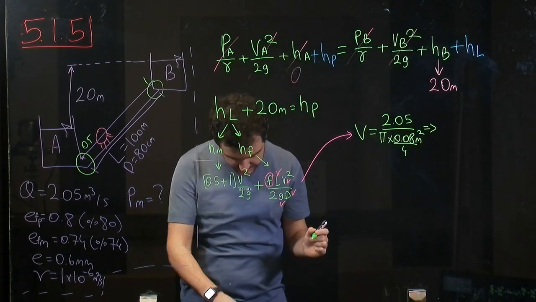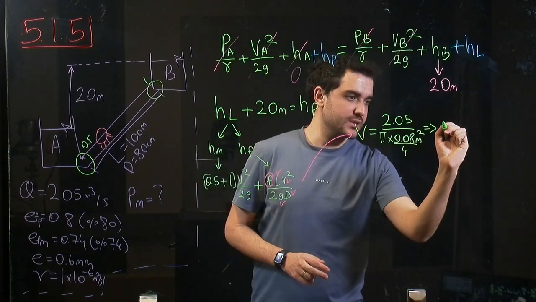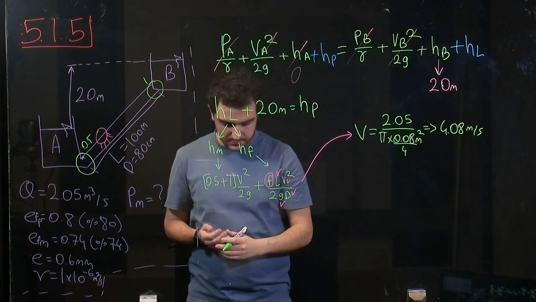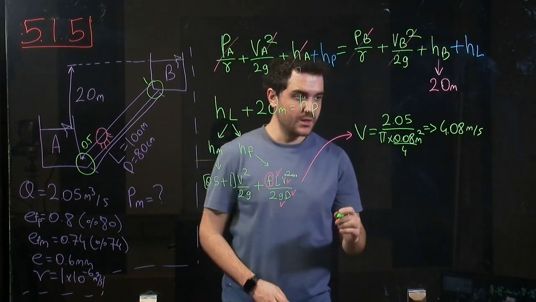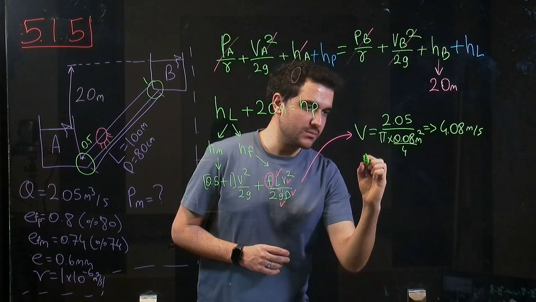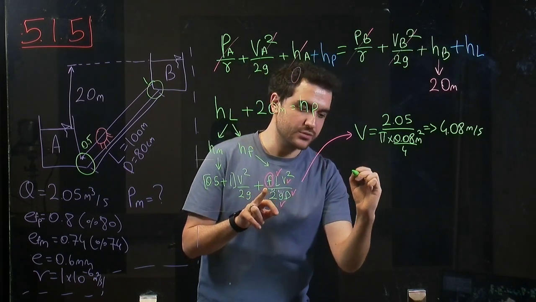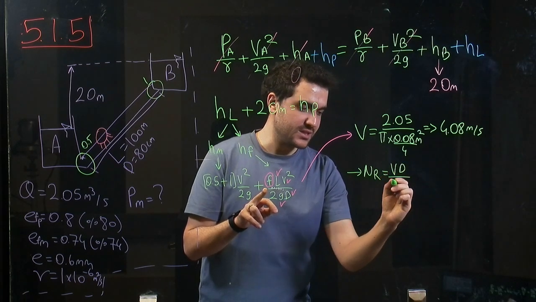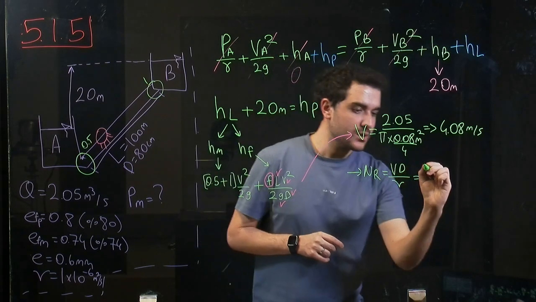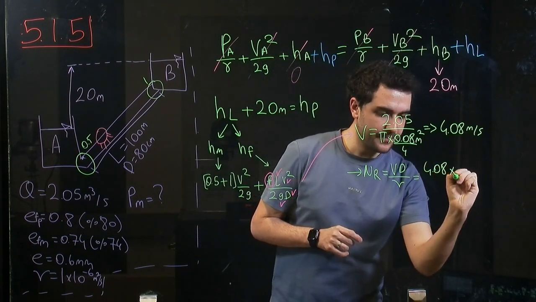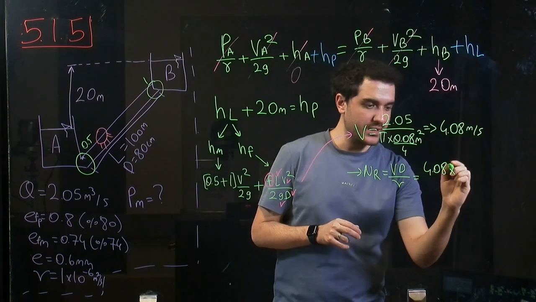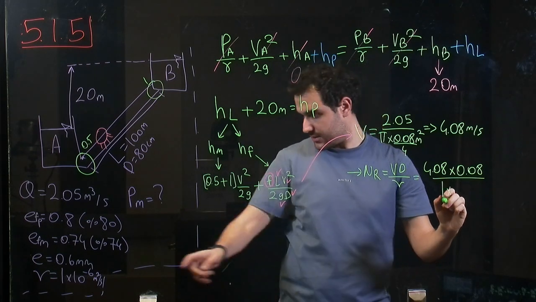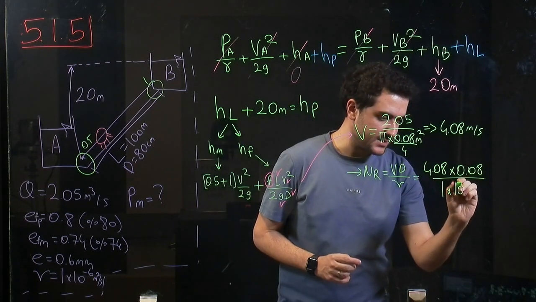From there we can get 4.08 meter per second. And to find the friction factor, actually we can use the Reynolds number, which is velocity times diameter over kinematic viscosity. Diameter is 0.08 and viscosity is 1.10 to the power of -6.